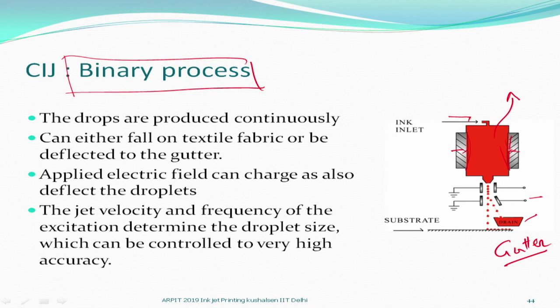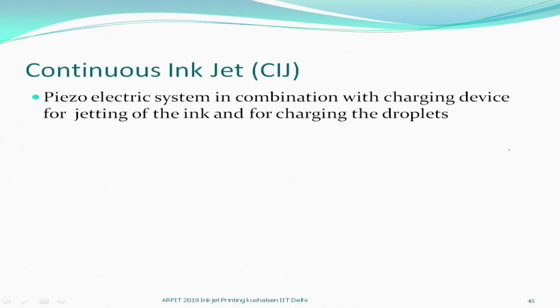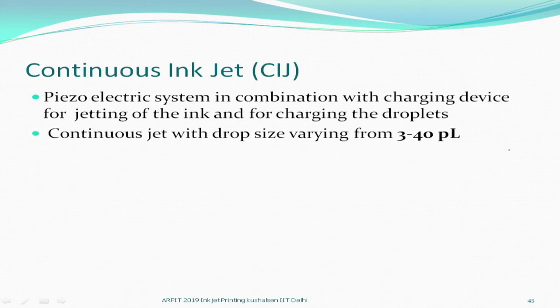Now, this is all electronics for you, but material science also. You have a piezoelectric material, then you have an ink which has to be handled, then you have an ink drop which is to be charged, and the size could be controlled by the voltages that you apply. So, you have a piezoelectric system in combination with a charging device for jetting of the ink and for charging the droplets.